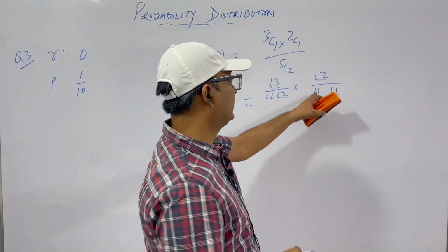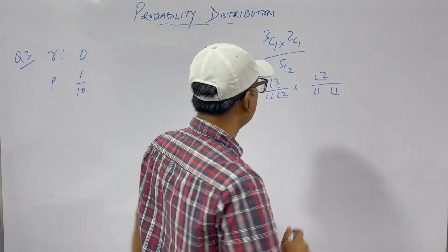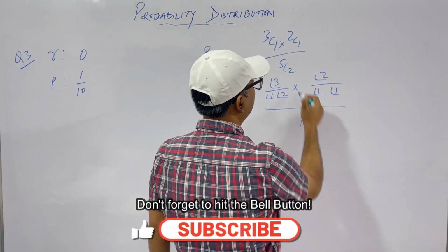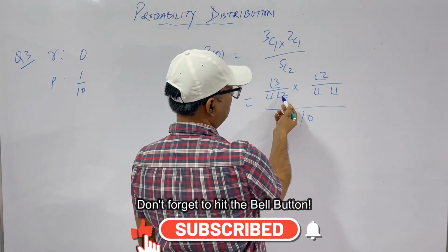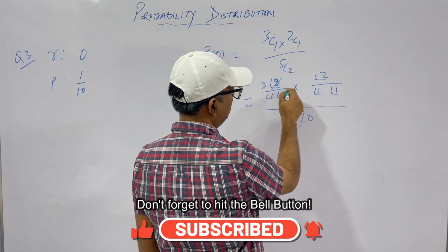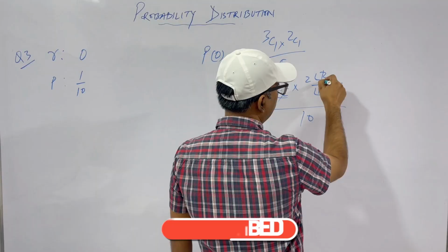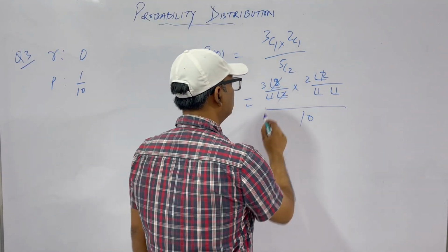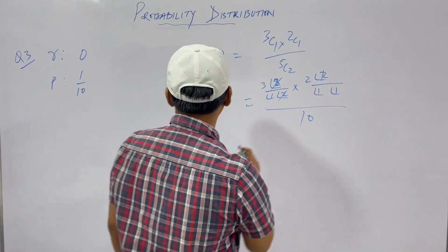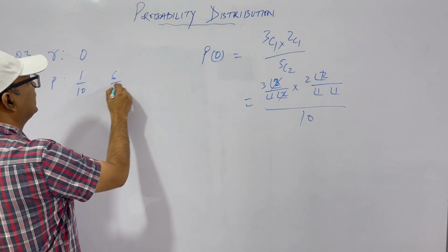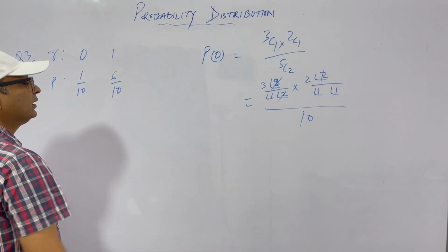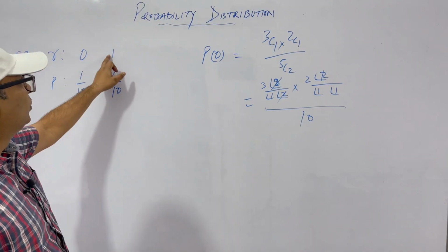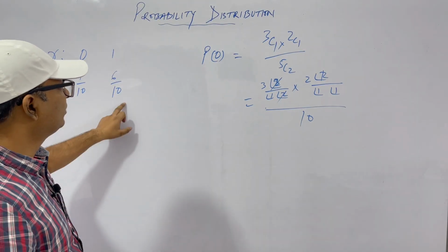It is factorial n over r factorial n minus r factorial. Clear? By 10, which we know is 5C2. So this cancels, and it is 3 into 2, 6 by 10. So the probability of getting one red ball is 6 by 10.